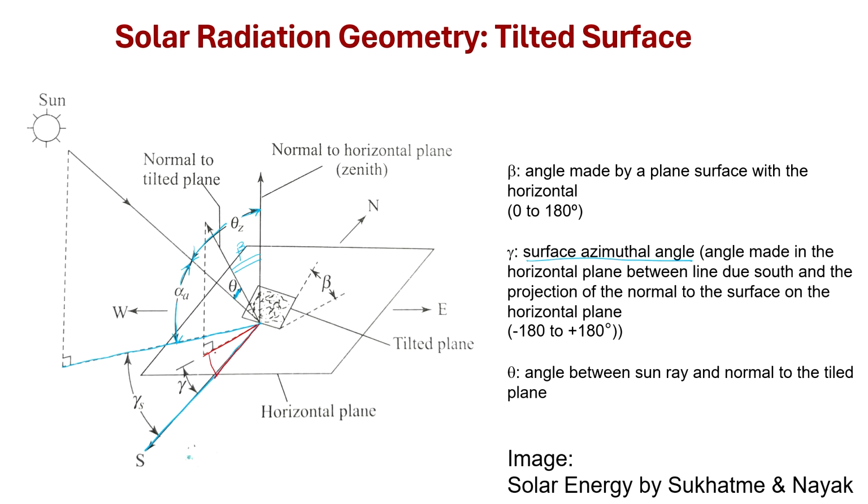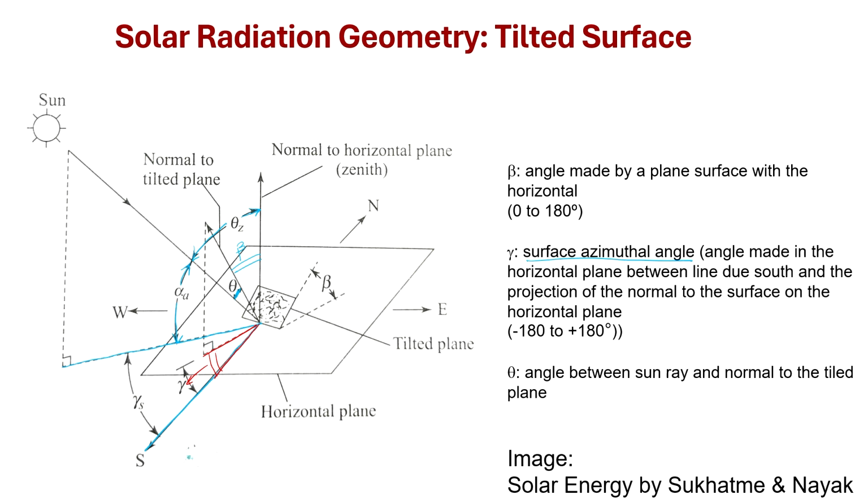This is gamma, the surface azimuthal angle. So, gamma s is the solar azimuthal angle, that is between due south and the projection of the solar beam on the horizontal, and gamma is the surface azimuthal angle, which is the projection of the surface normal on the horizontal with respect to due south.